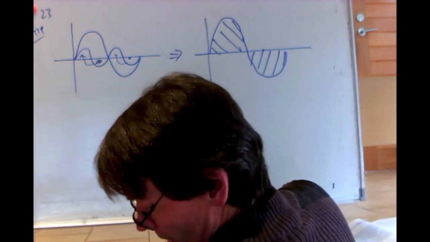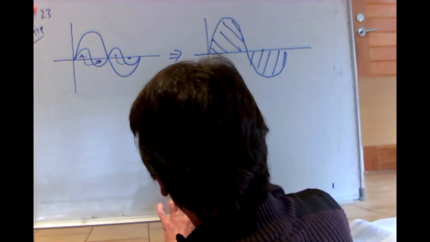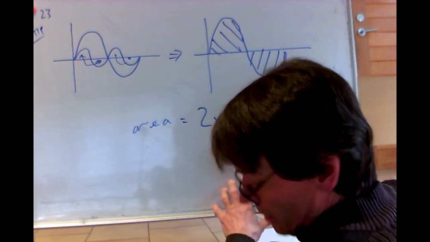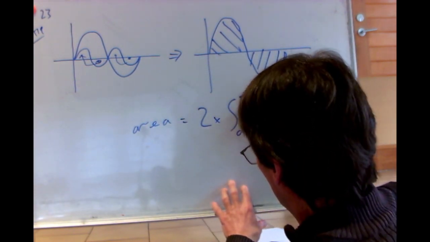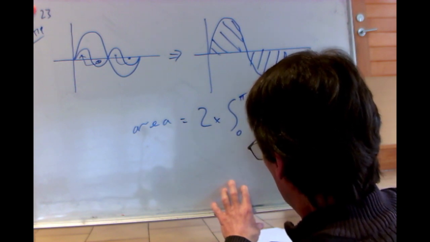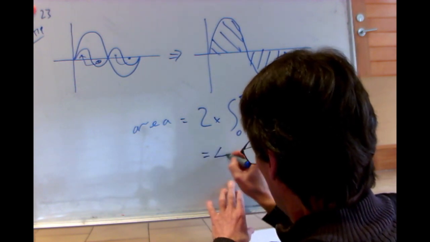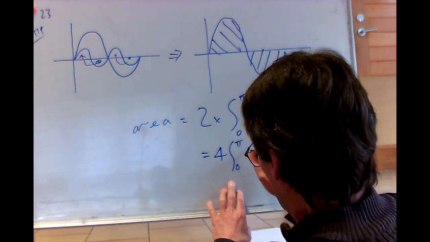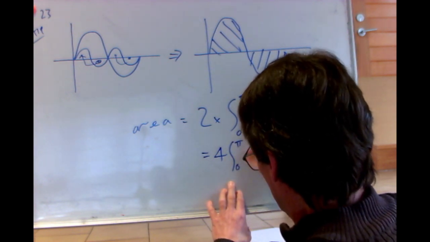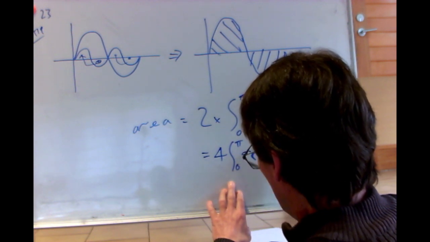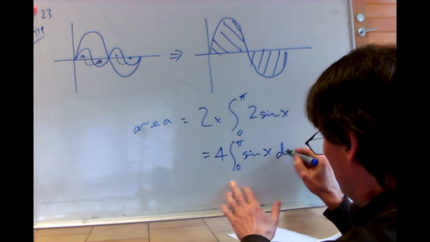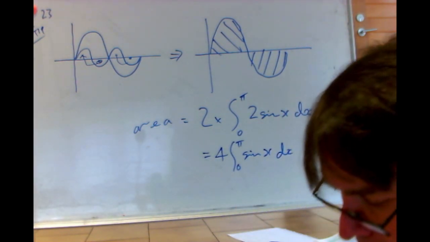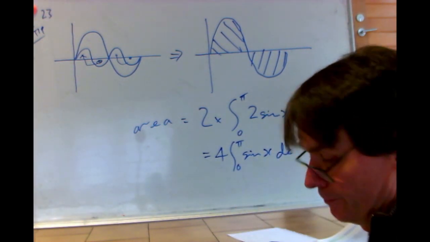So therefore the area is equal to 2 times the area from 0 to pi of 2 sine x, which you can write as four times sine x. So our A value is 4.